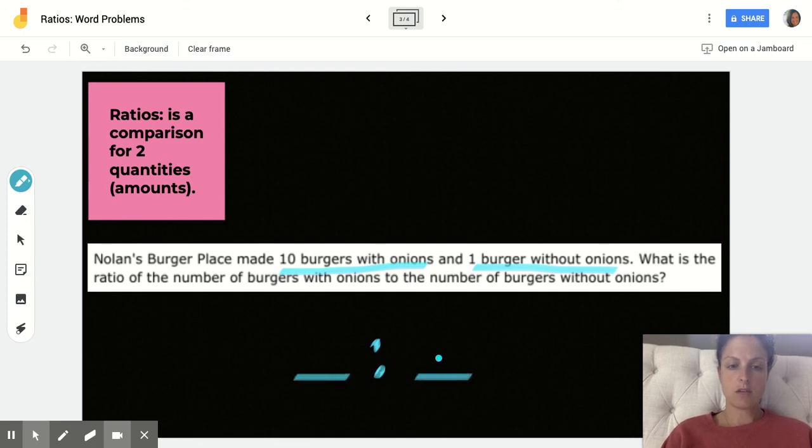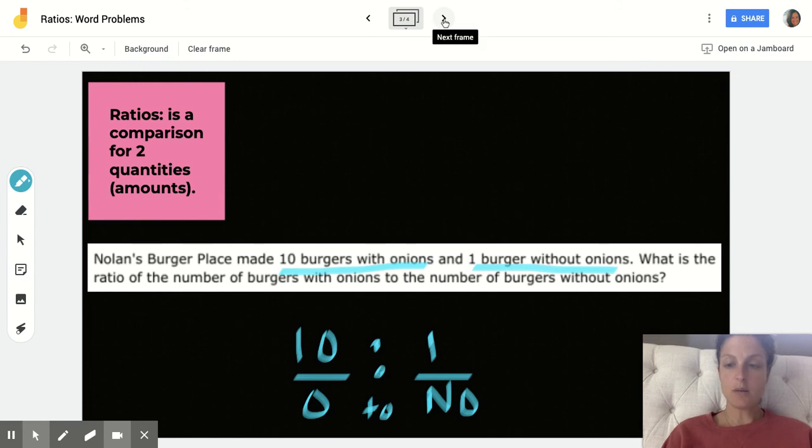I'm looking for onions to the burgers without onions. So onions, and then we can write no onions. It says 10 burgers have onions, and then 1 burger has no onions. So we have a 10 to 1 ratio.